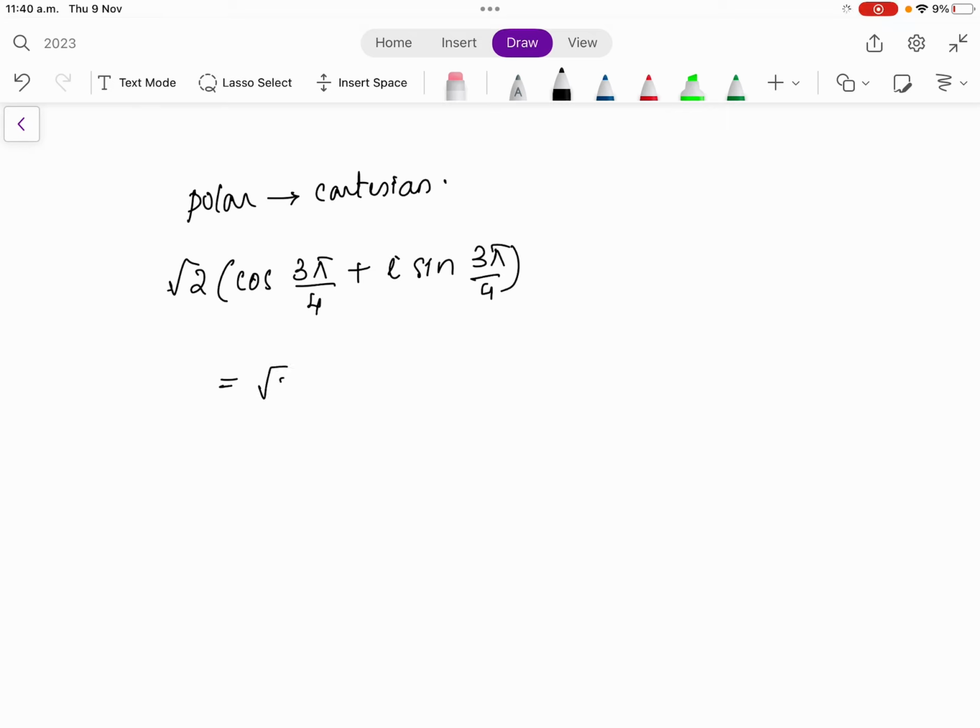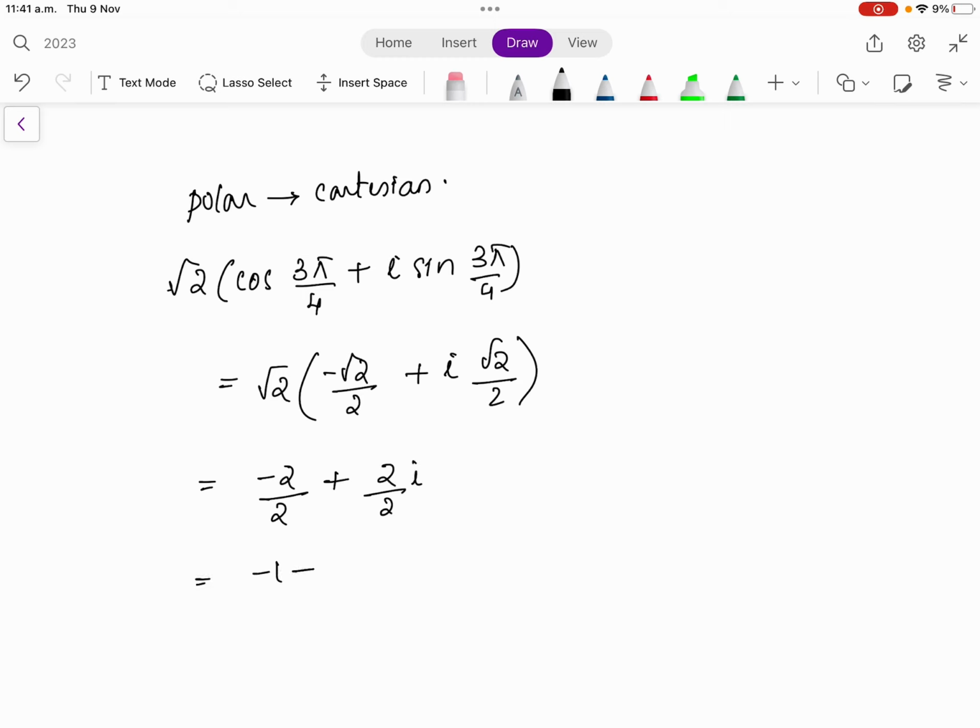In this case, cos 3 pi over 4 gives minus root 2 over 2, and sine 3 pi over 4 will be root 2 over 2. Then you simplify this and you get minus 2 over 2 plus 2 over 2 i. So that is equal to minus 1 plus i. So it's pretty easy.